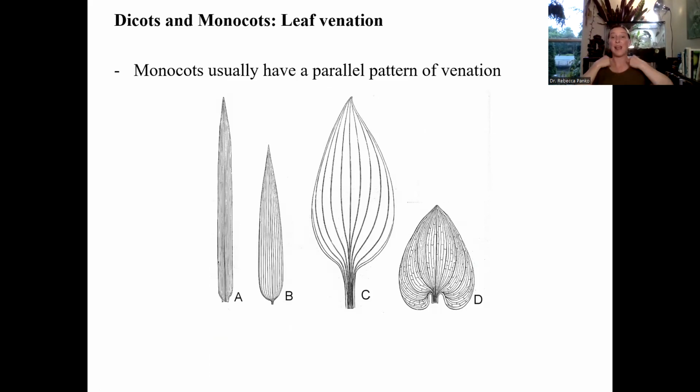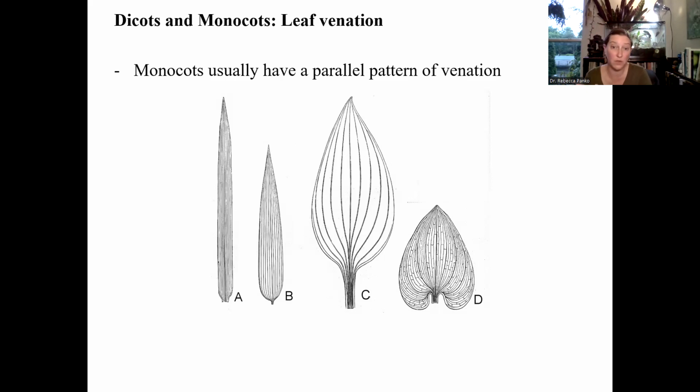And so visually, that's one way to tell dicots and monocots apart without even needing tools like a microscope or anything like that. In addition, as I was saying before, if you come across a plant and you want to figure out what it is, well, now I'm giving you tools to be able to tell whether it has a simple leaf or a compound leaf. And if it does have a compound leaf, how you would describe that compound leaf. I've given you the tools to describe the way that the leaves emerge off the stem, whether it's opposite or alternate.